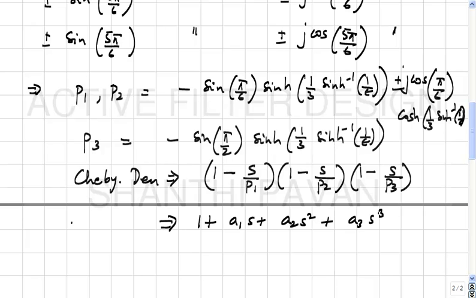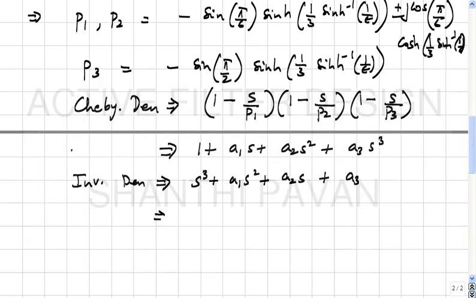Is that clear? And therefore, the inverse Chebyshev denominator will be s cube plus A1 s square plus A2 s plus A3.